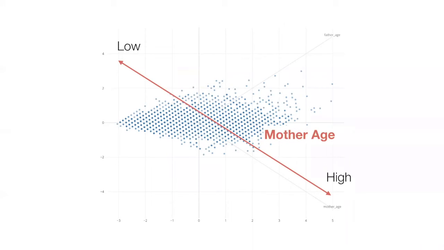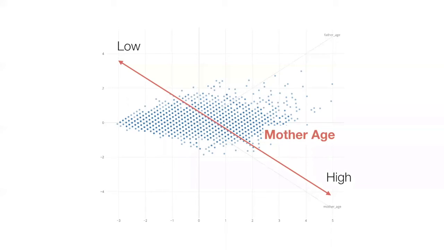And when you see these lines, the original measures, in this case father and mother age, always start from zero, like an xy 0 point. And zero doesn't mean father age zero. It's just that when it's at the 0 point, that means it's the average of the father age or the average of the mother age in this case.